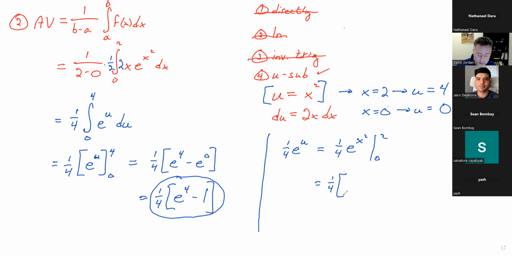So you'd stick in the 2. 2 squared gives you 4. Stick in the 0. 0 squared is 0. So you end up with the exact same thing. You just change it back into x.